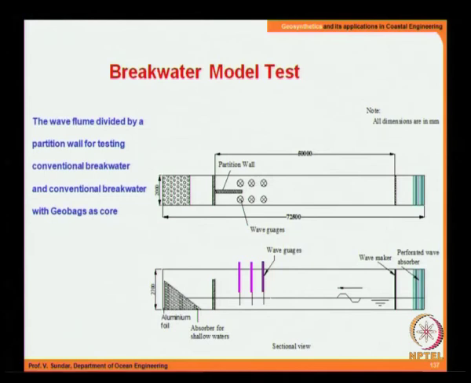So we partitioned the flume into 2 halves. The width of the flume is 2 meters. When we partition this, you have 1 meter and 1 meter. So you have the wave gauges here in order to find out the reflection from the structure, and also the structure, one with the tetrapods with a rubble stone in the core.